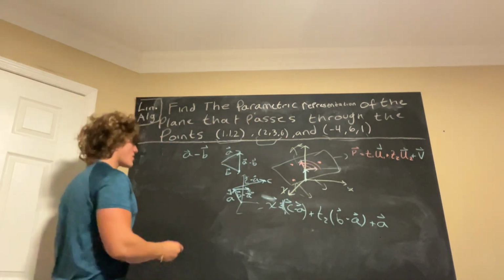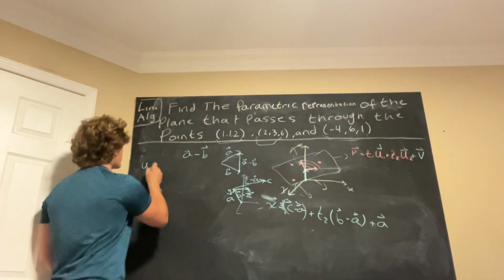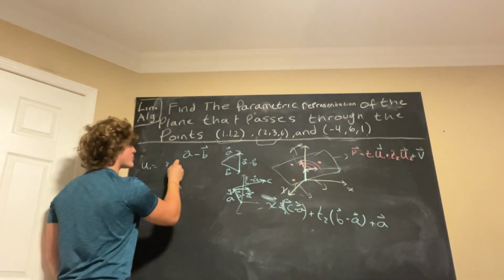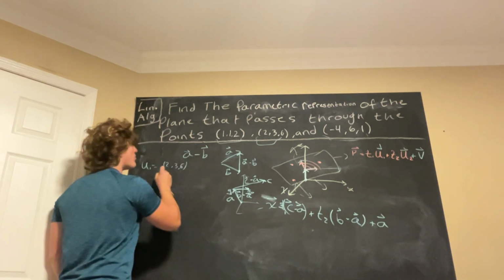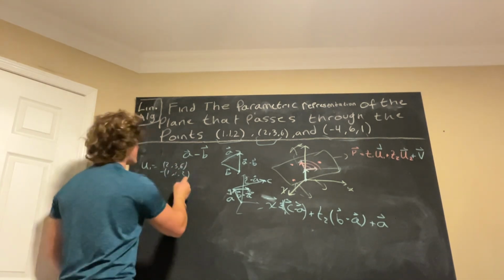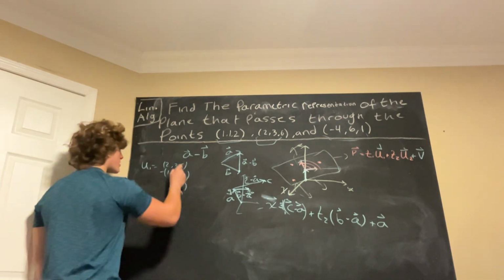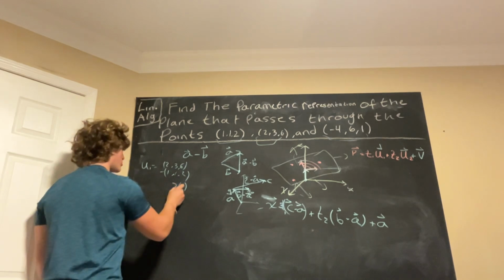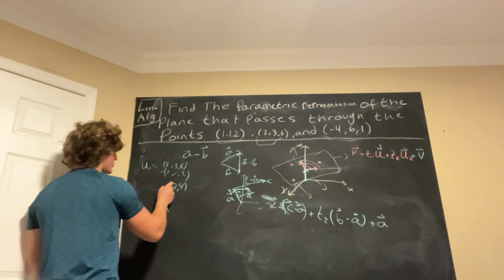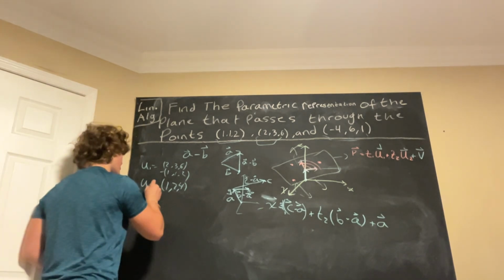So, for our first direction vector, let's call this u1, we have 2, 3, 6 minus 1, 1, 2. So this is 6 minus 2. This side is 4. This is 3 minus 1. This is 2. This is 2 minus 1. This is 1. So this is our u1, our first direction vector.